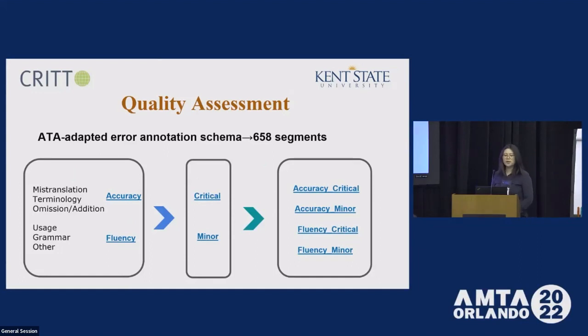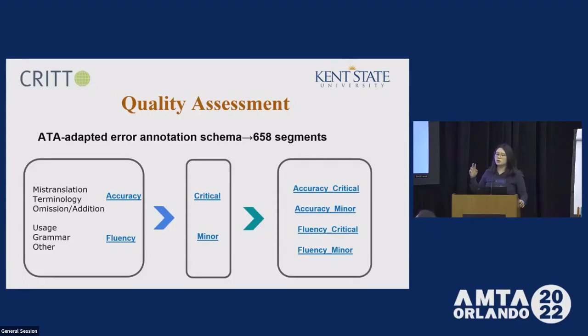According to the ATA schema, the most frequently occurring error types are the six I listed here: mistranslation, terminology, omission, addition, usage, grammar, and other. According to our research goal, we merge the first four, mistranslation, terminology, omission, and addition, into accuracy error.